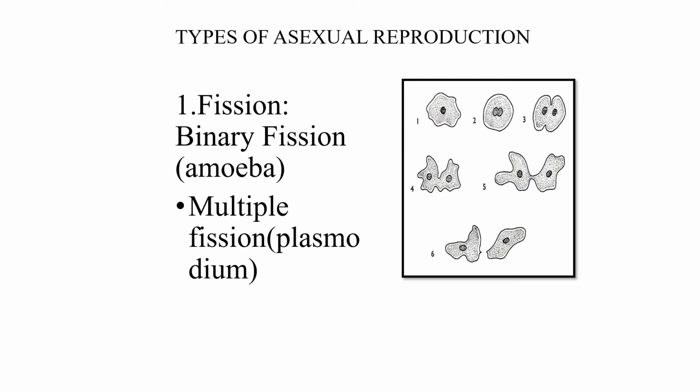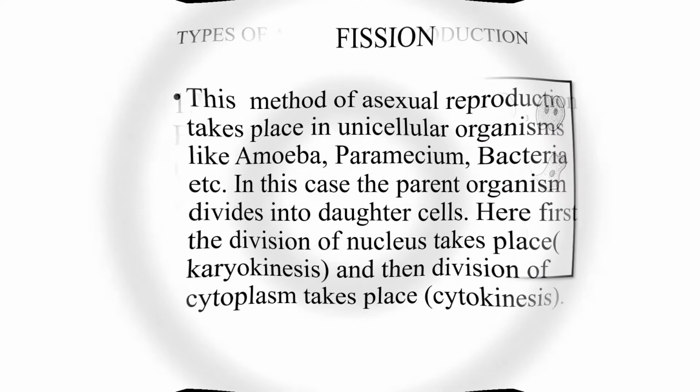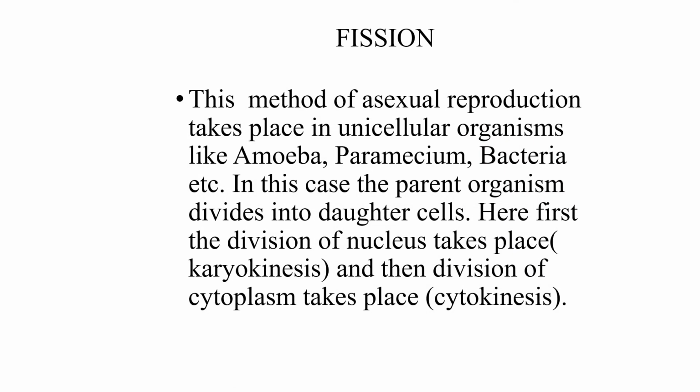See here in this picture, you can see the amoeba. First the nucleus is divided into two, that is followed by the cytoplasm. So two individuals are forming. Fission.